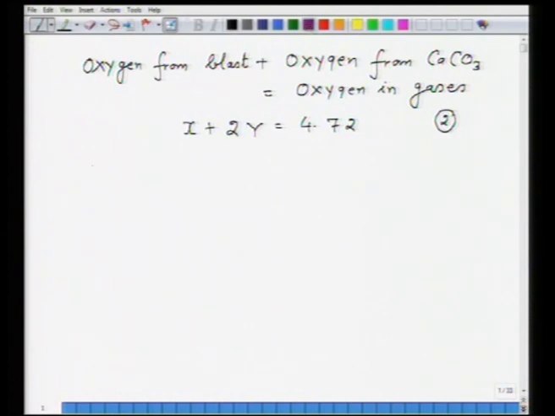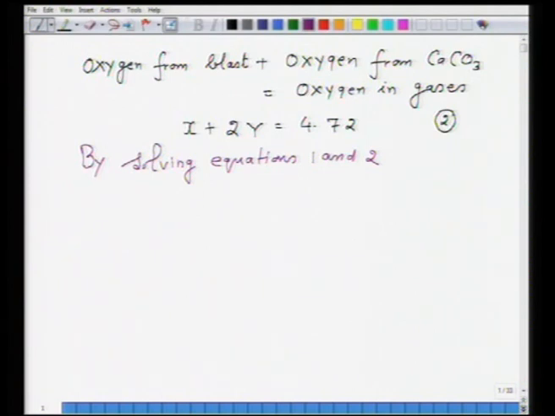Now, by solving equation 1 and 2, you know they are simultaneous equations, two equations, two variables, it can be solved.